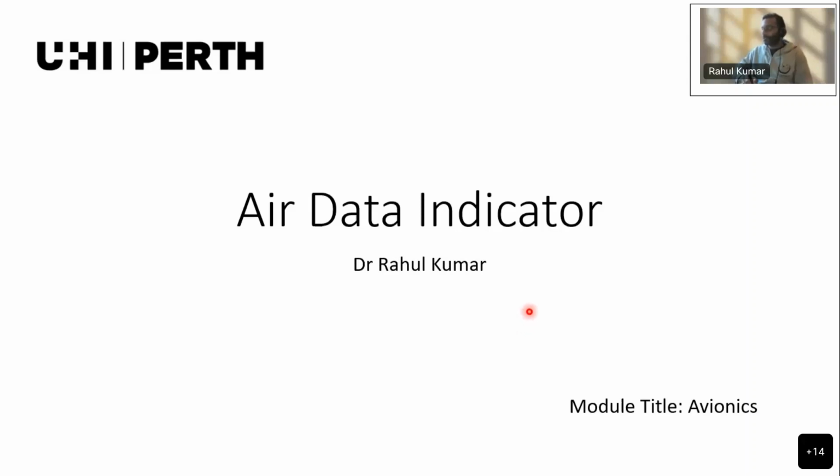Alright, so hello everyone. This is the last unit for the Avionics module. In this lecture, we are going to study about air data indicators. Some of the examples are your altimeter and airspeed indicator.